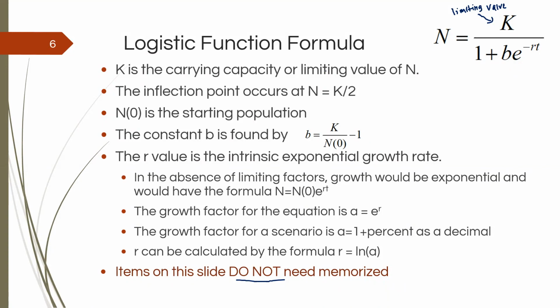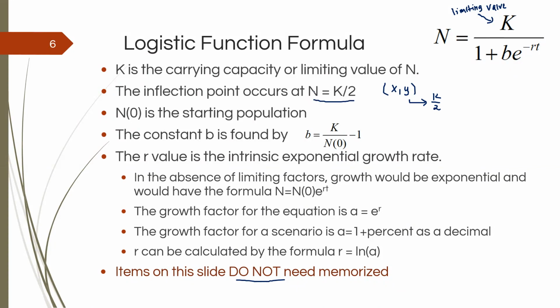If you know the formula, it's given to you, right? So then that is a huge help in finding the point of inflection, because the point of inflection has an ordered pair, and the way you get the y value for the point of inflection is you take K over 2. And so that's what this little formula is telling you.